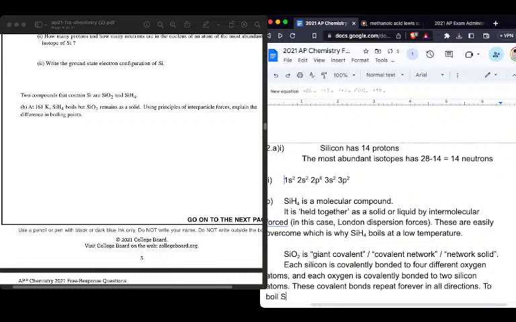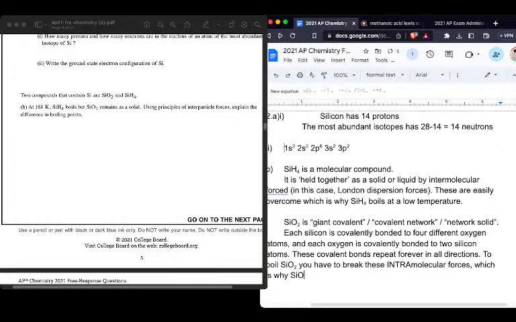To boil SiO2, you have to break these intramolecular forces, aka covalent bonds, which is why SiO2 does not boil until a ridiculously high temperature.